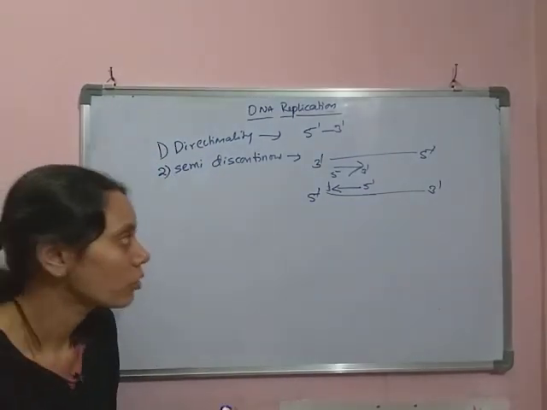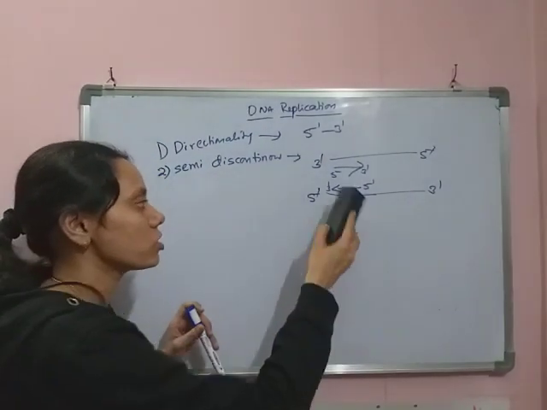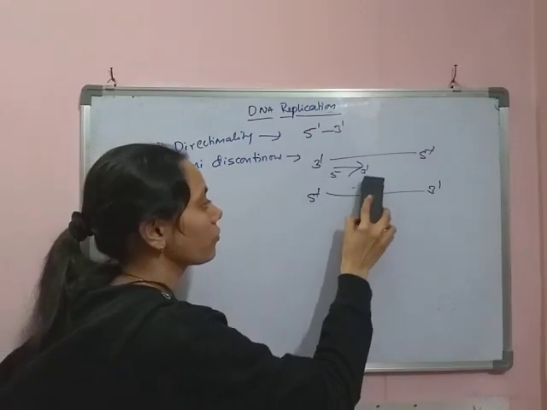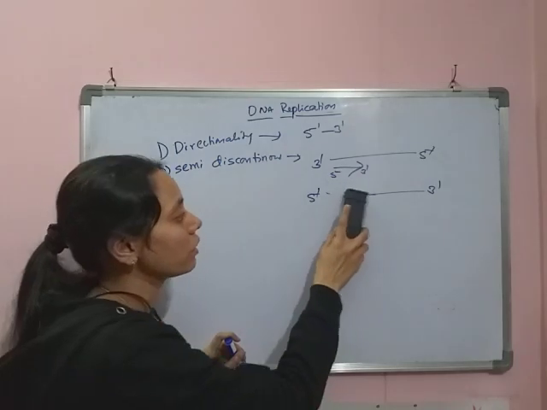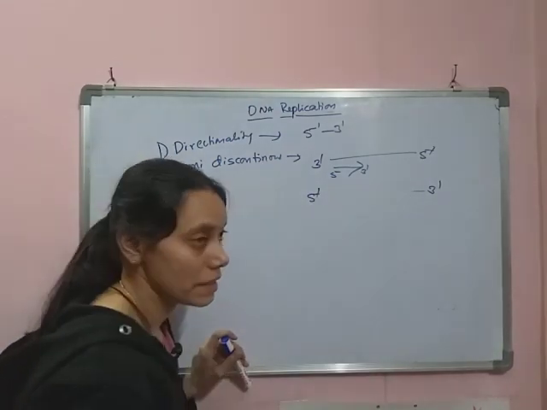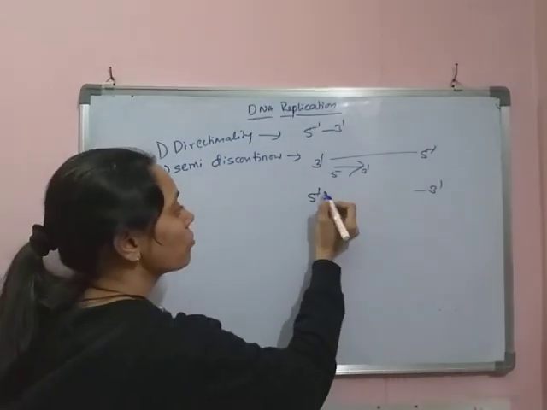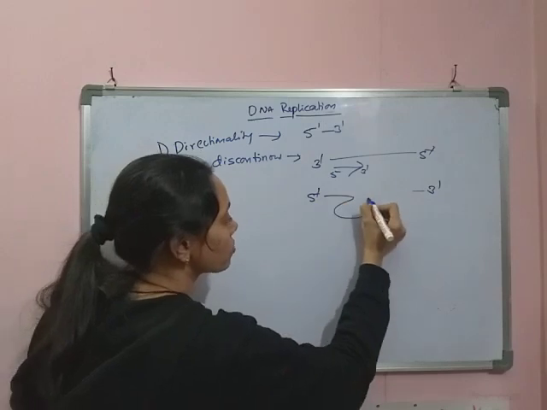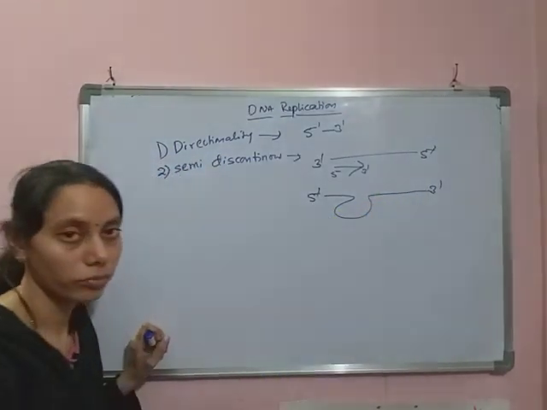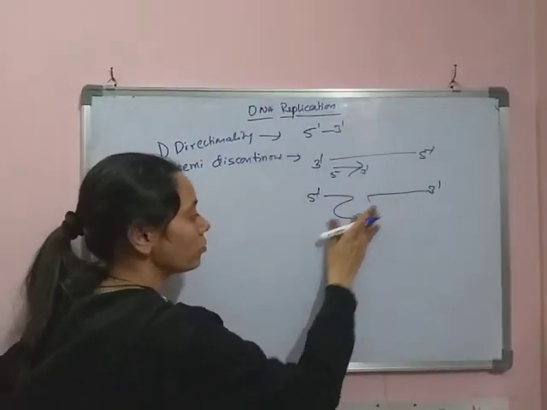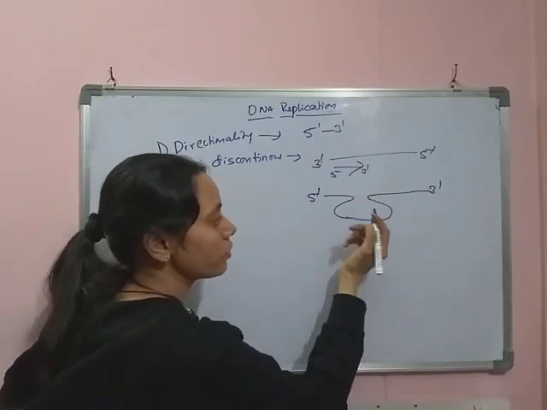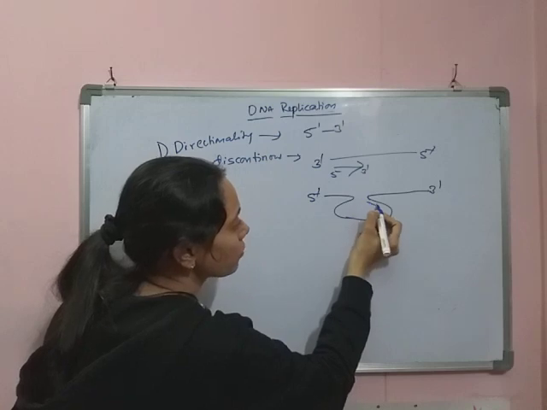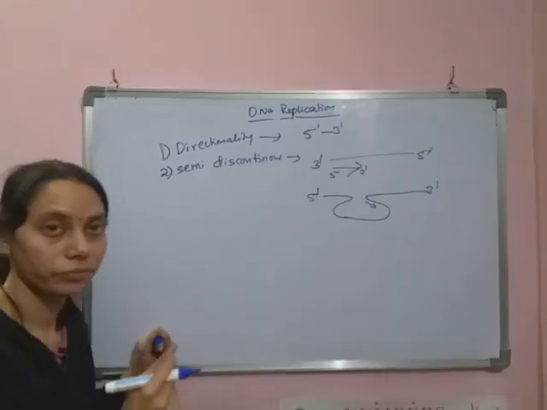The other strand, which is opposite to the directionality of DNA replication, is called the lagging strand, and it will form small localized loops. These small localized loops give the opposite direction.